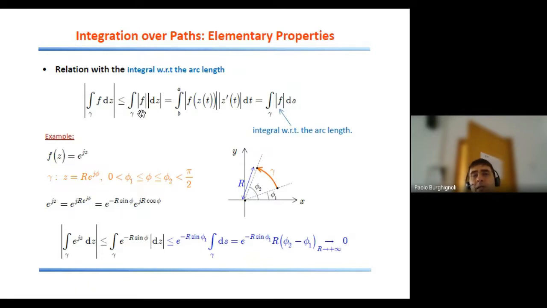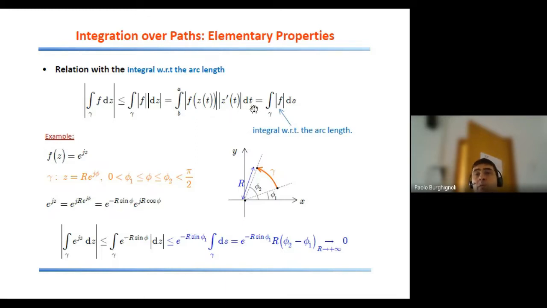Now you can see we are integrating the absolute value of f with respect to, note, we have also inserted the absolute value around the differential, because that's a complex differential, which means, in real terms, that you integrate from a to b, that's a typo, that should be from a to b, the absolute value of the function f times the absolute value of z prime with respect to the real variable t.